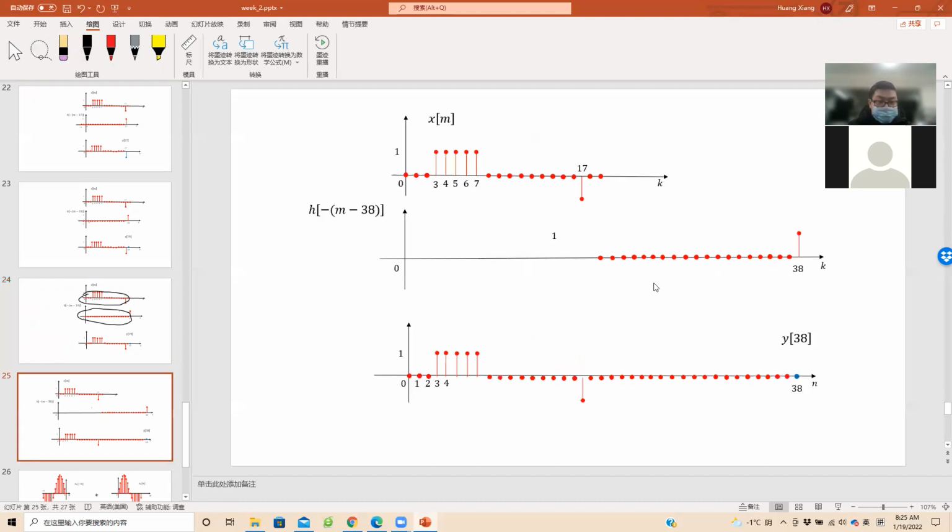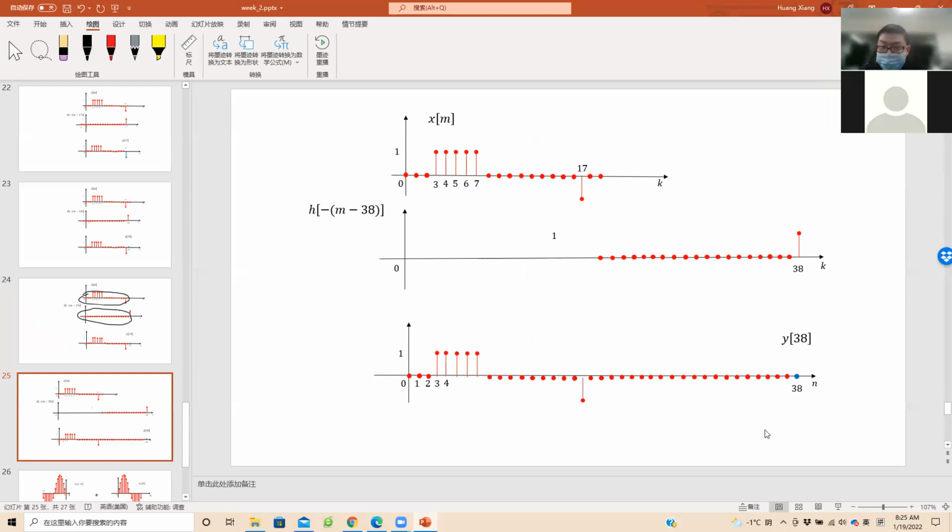So finally, when n equals 38, we can stop, since if we shift to the right one more unit, there is no overlapping. So it means n equals 38 is the stop point.